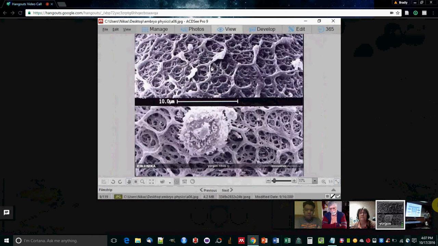And you see in the immature egg that these pores are very little because it didn't have the time to expand. And this is the mature egg with expanded pores, and this ring-shaped structure is very important for fertilization, I think.